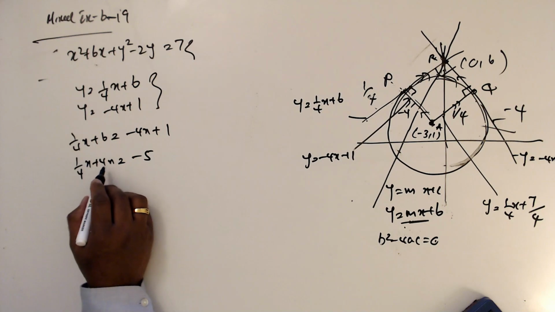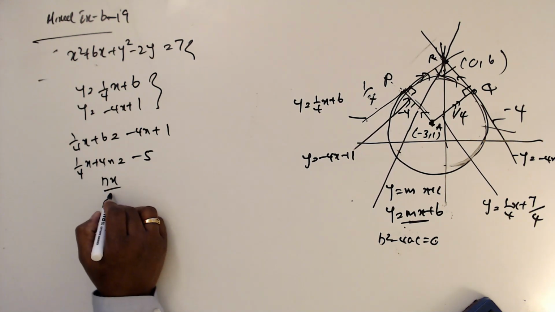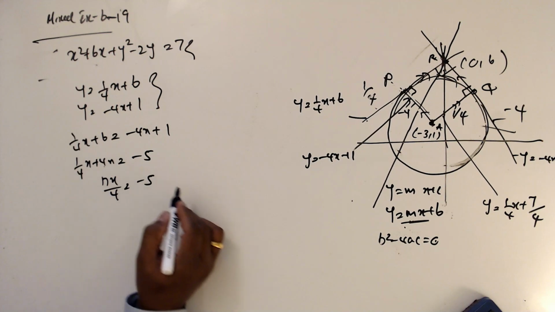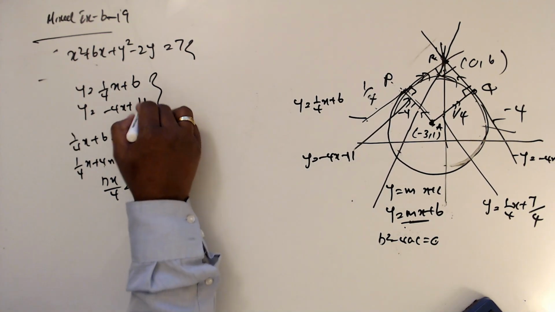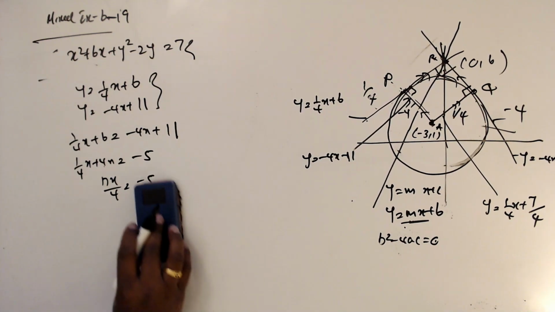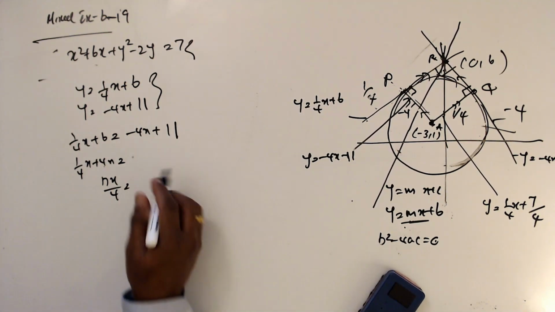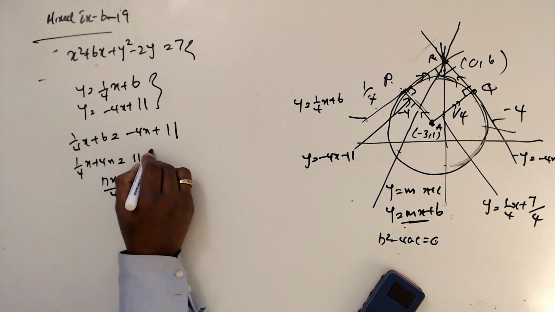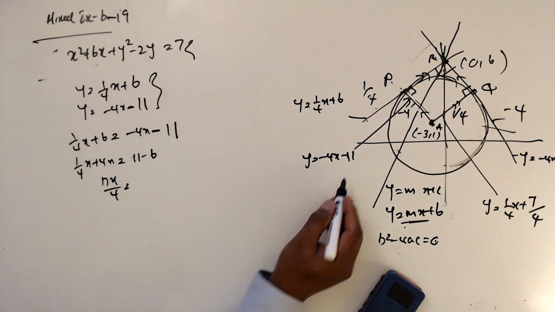So this is going to be 17x over 4 equals minus 5. Sorry, this is 11. So this has to be minus 11.